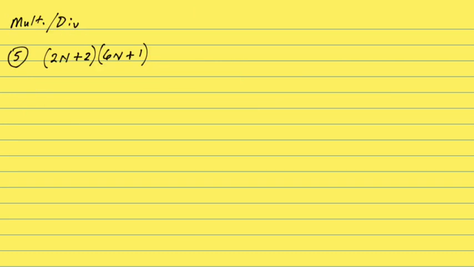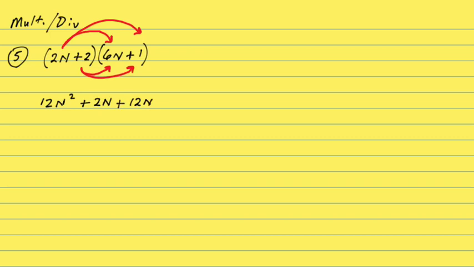Okay, on multiply and divide, we have number 5 was asked for. It's the only multiplication given here. You're going to distribute. I don't want to say FOIL. You distribute. 2n times 6n is 12n to the second. 2n times 1 is 2n. 2 times 6n is 12n.